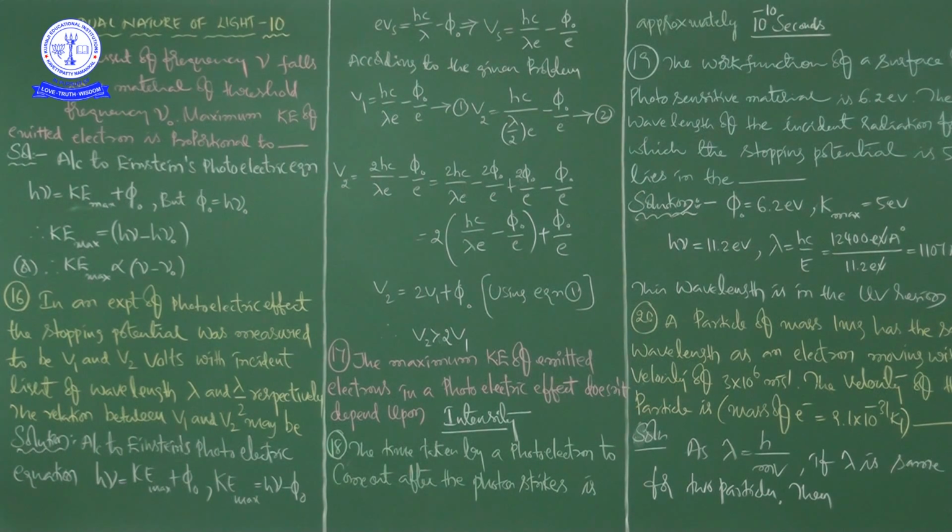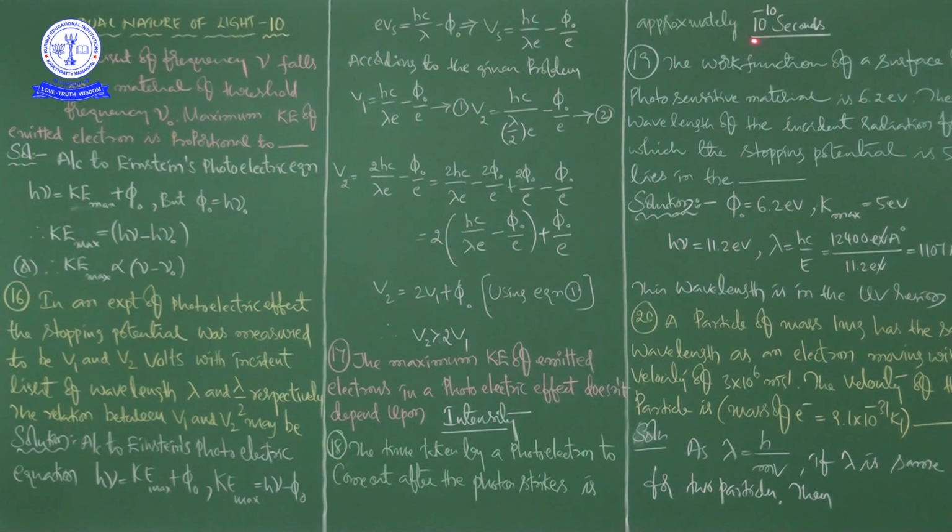So Einstein's photoelectric equation, we know E is equal to phi naught plus Ke maximum. And here I already told you phi naught and W naught both we are using to represent work function.